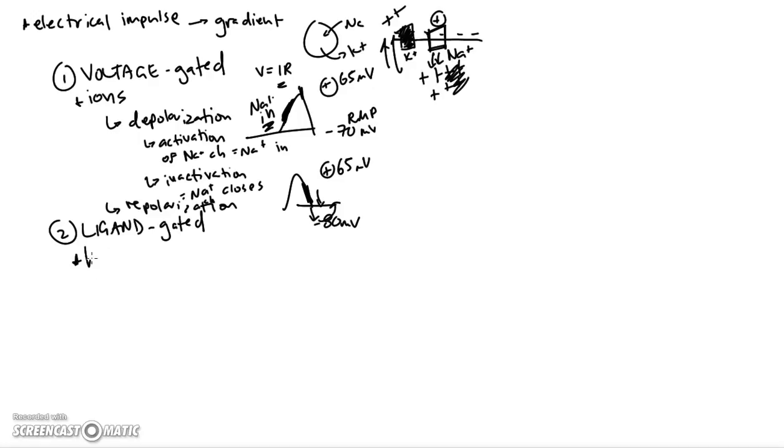And this is usually through either hormones, this can be through tyrosine kinase system, this can be through second messenger system, this can also be through neurotransmitters.